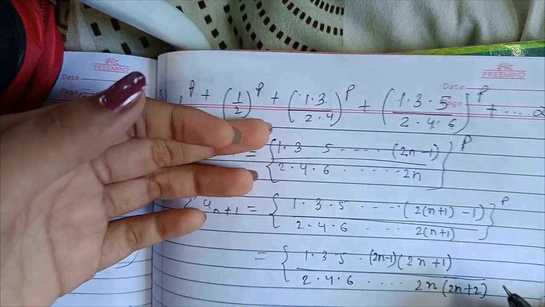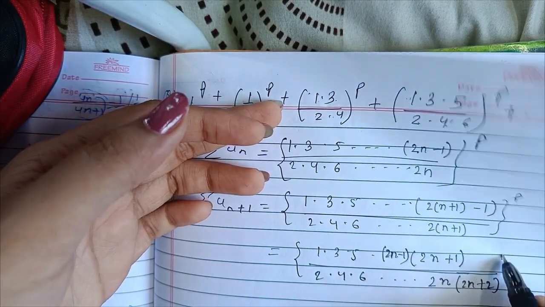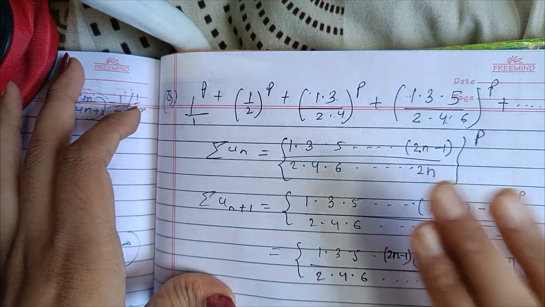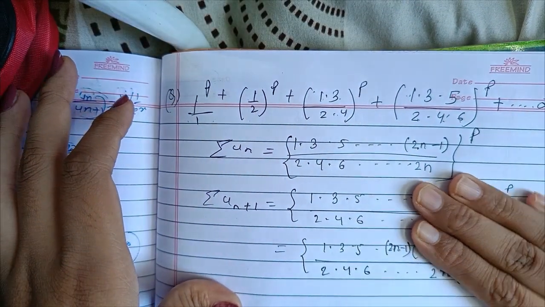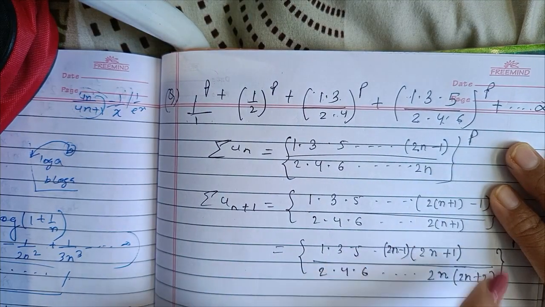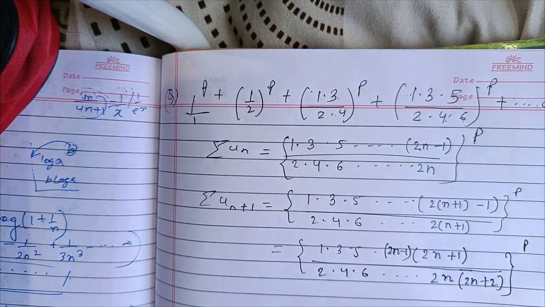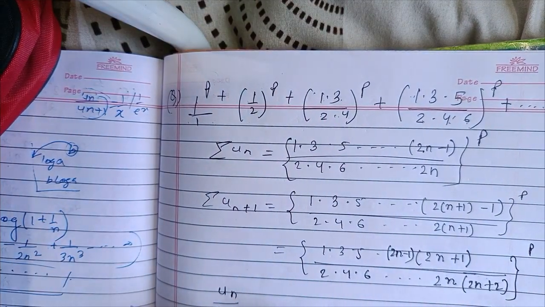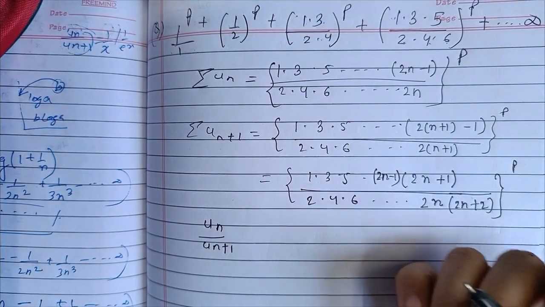I'm just taking one step further. This is the un part, and this is the un plus 1 part, so that while taking the ratio of un by un plus 1, I can simplify it easily.